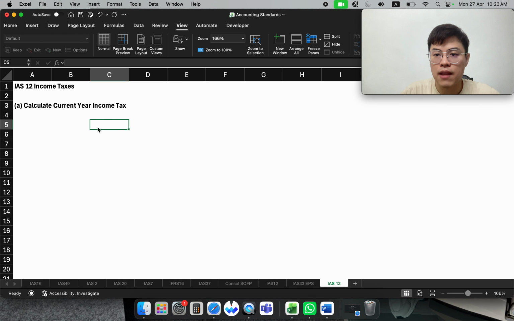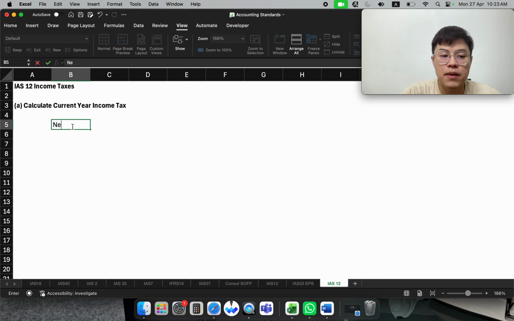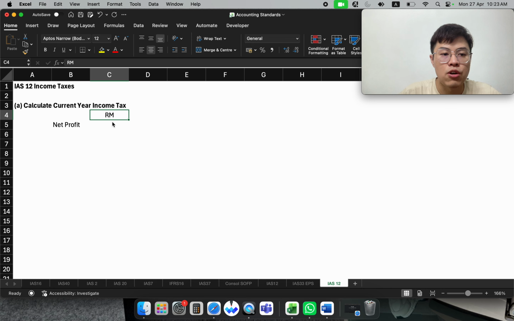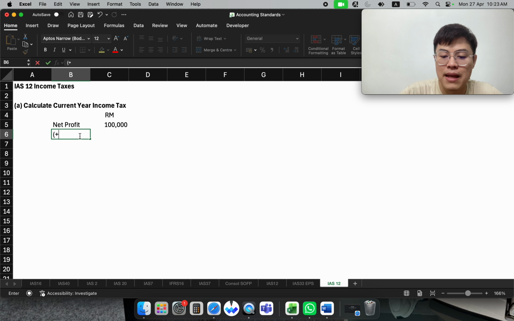Under this income tax expense, you will need to apply some basic knowledge that you learned in taxation papers. For example, if I give you net profit, you know that because accounting principles and tax law are different, certain things are not allowable under income tax, so you will need to do some adjustments.